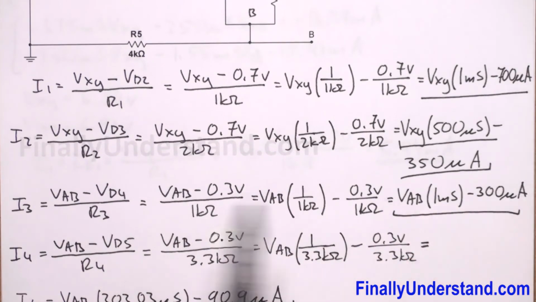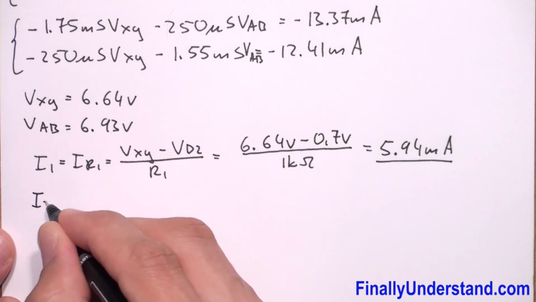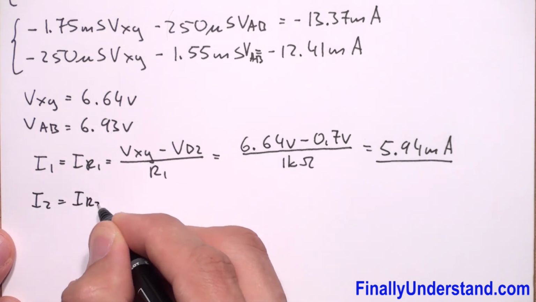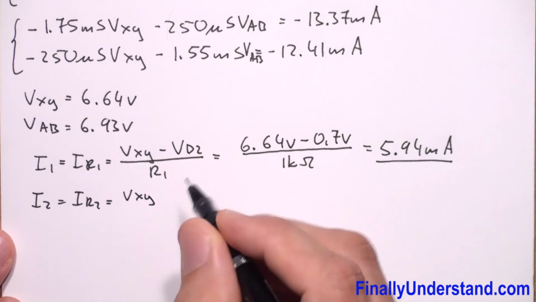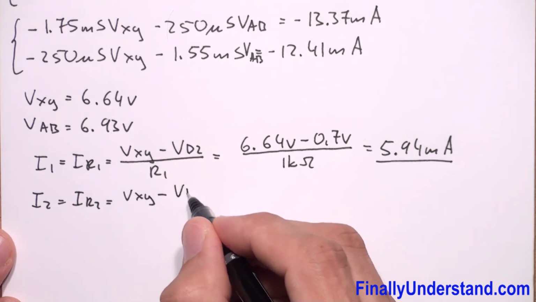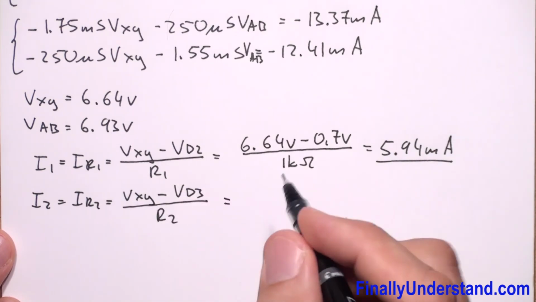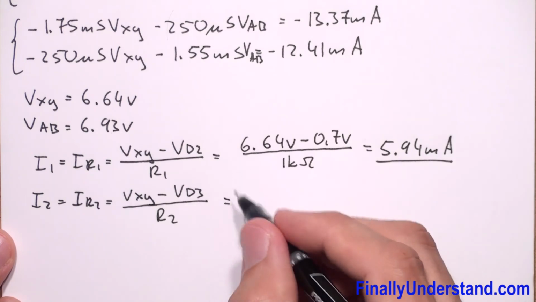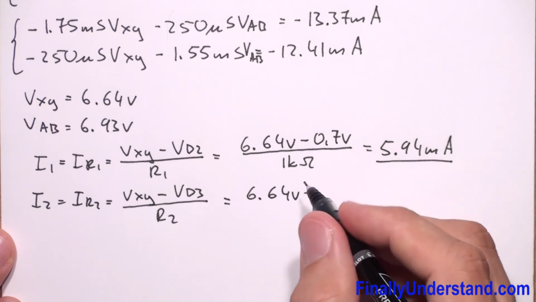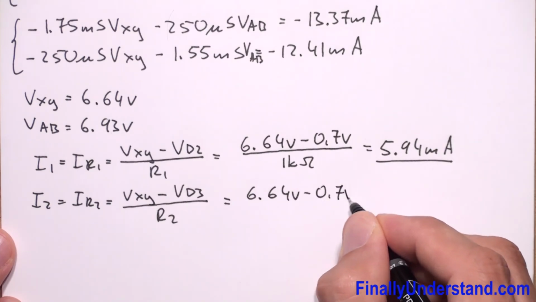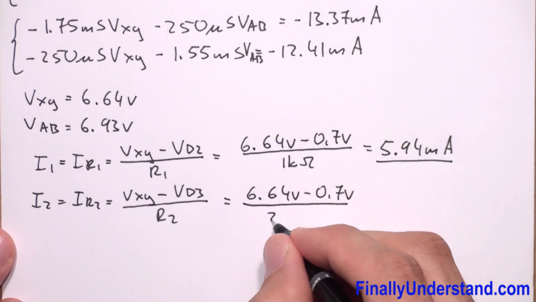Okay, so let me copy down this formula. So I have I2 is equal to IR2, and this is equal Vxy minus VD3 over R2, where Vxy we found is equal 6.64 volts minus 0.7 volts over R2, which is equal to 2 kilo ohms.